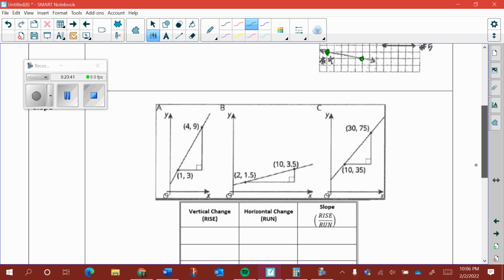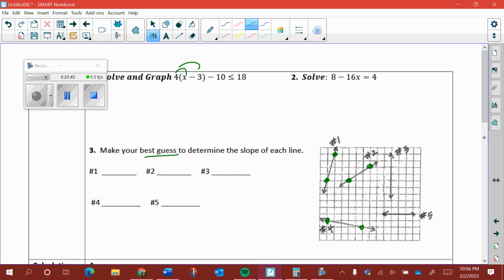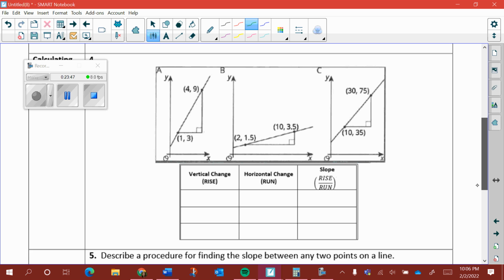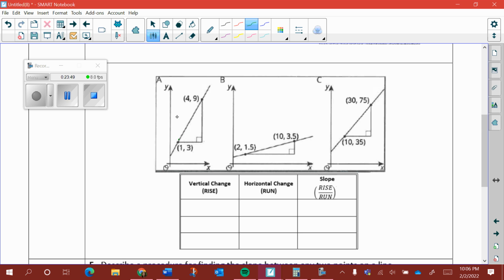On this section, that's kind of opposite of what I really like. I like to do my rise first and then my run. So I like to go up or down and then across. So I would prefer to go from here to here. So basically, this dot is (1, 3) and this dot is (4, 9).